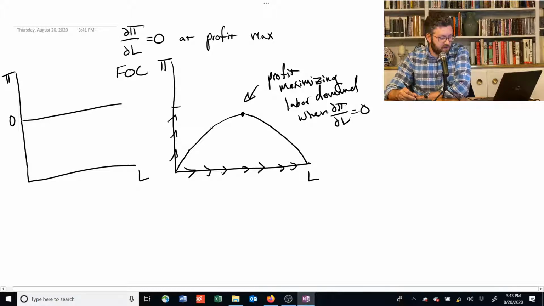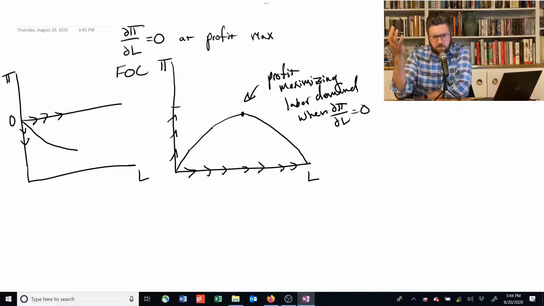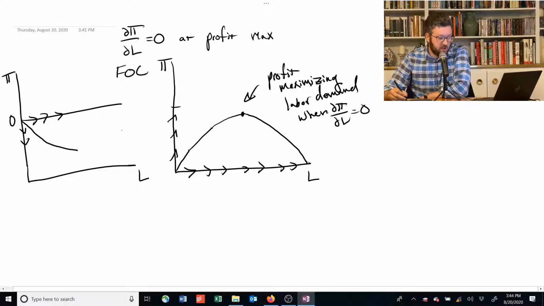What if, as you increase labor, the first order condition is negative, and so you start off like this, and this could correspond to a situation where the first couple workers you hire can't produce very much. Maybe you need a minimum of like 6 workers before you can produce anything, and so the first 5, they're not producing anything, but you still have to pay their wage bill. It's a possibility. So in this case, at the outset, the more workers you hire, the lower your profit goes.